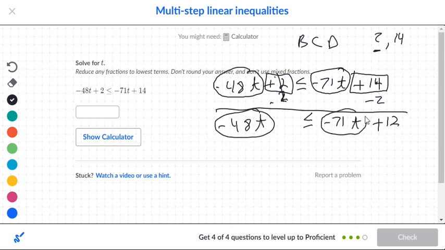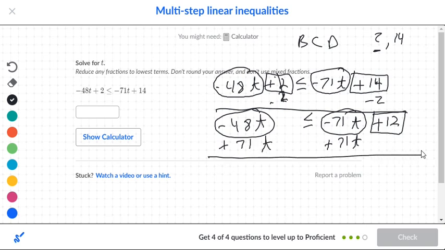Circle your letters, box your numbers. So now we're going to add 71t, so each circle gets a plus 71. So this is going to turn into 23. So this would actually be a plus 23 for this one.